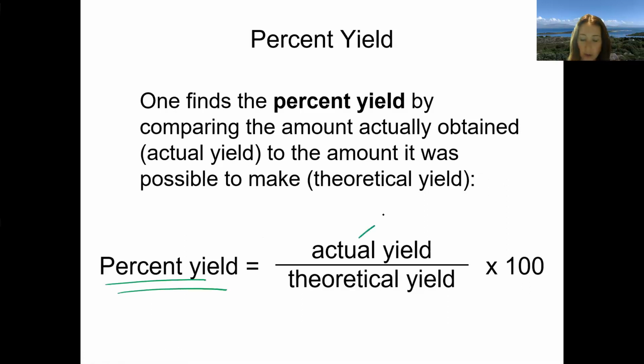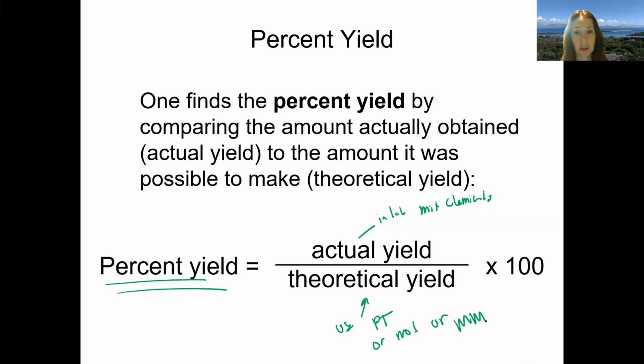So again, this is the one you actually get in lab when you mix the chemicals. This is the one you get if you use your periodic table, a mole ratio, or a molar mass. That's your theoretical yield. Okay, so we're going to try a problem that uses all three in one.